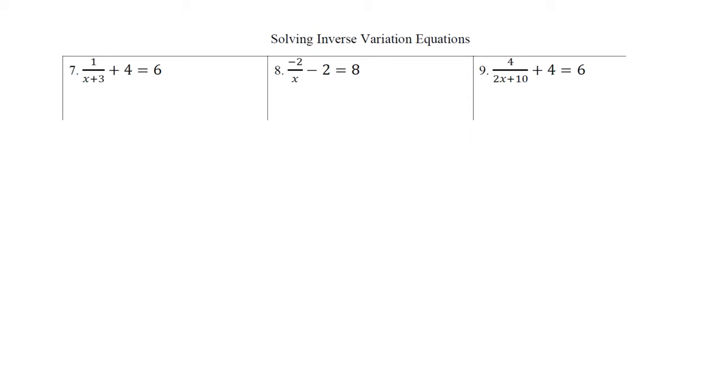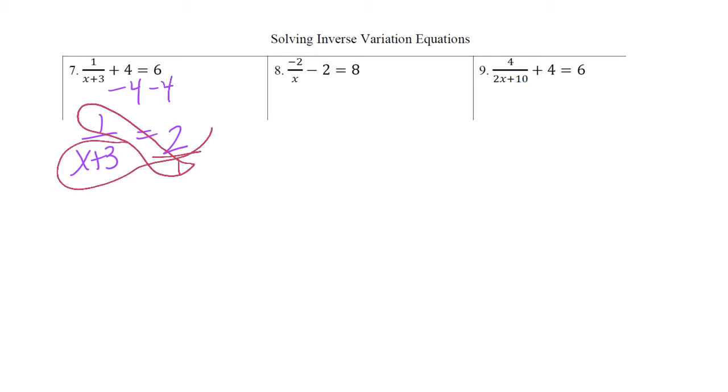Okay, so step number 1 on number 7 is going to be to minus 4 on both sides. So 1 over x plus 3 equals 2. Sorry, that's a 4. It's a really crummy 4. All right, so then we treat this actually like 2 different fractions, and we want to cross multiply.